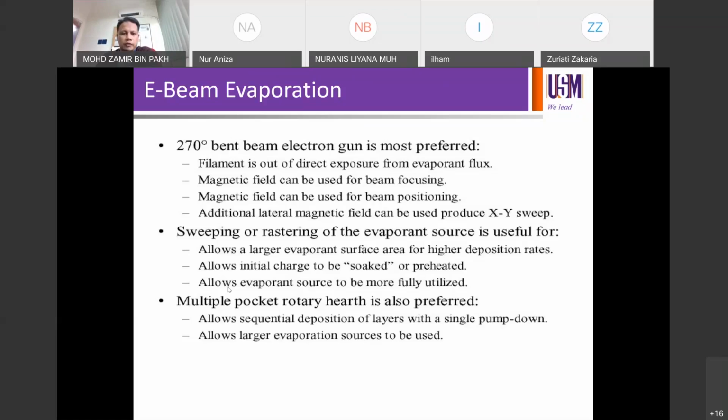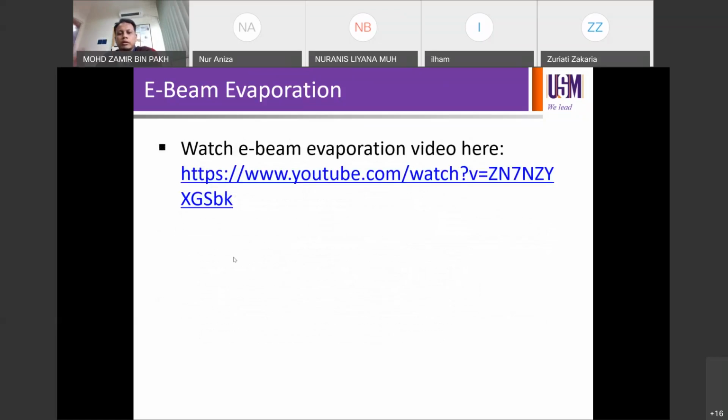So if you use different pockets, that means you need to control every single pocket independently. For example, the current level and rate of increase have to be different respectively. It means it's not a single control for all. So you need to use 4 different knobs for the current, for example, in order to get your evaporation done.